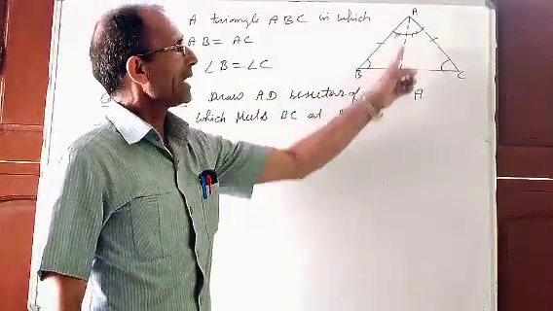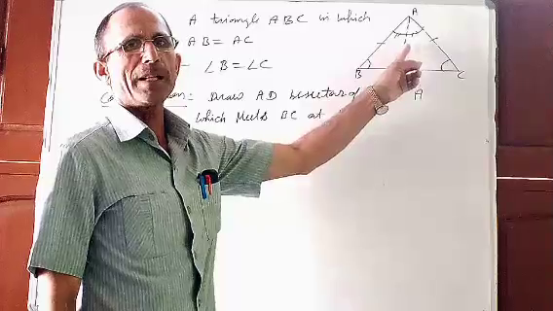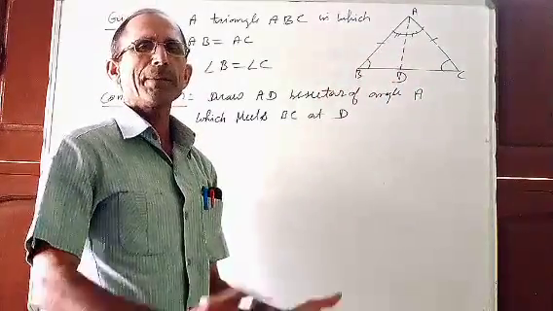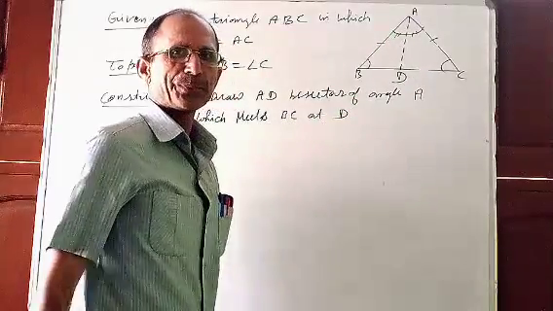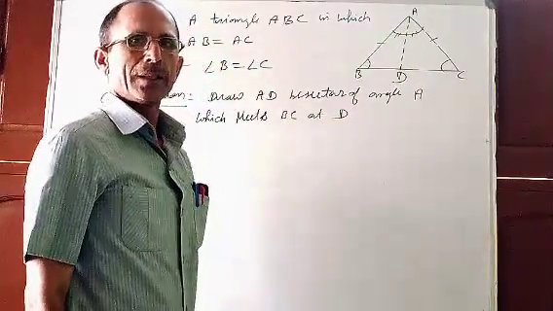So AD is the bisector. Bisector means which is bisecting the angle. Bisecting means dividing into two equal parts. So this is equal to this one. This is the construction.